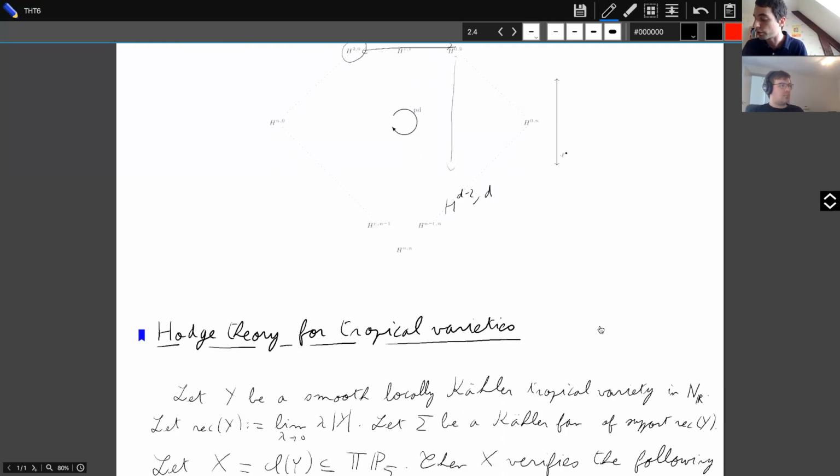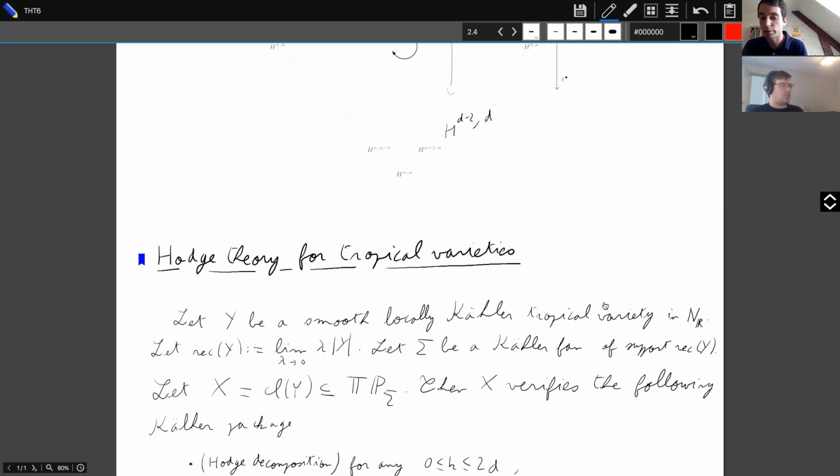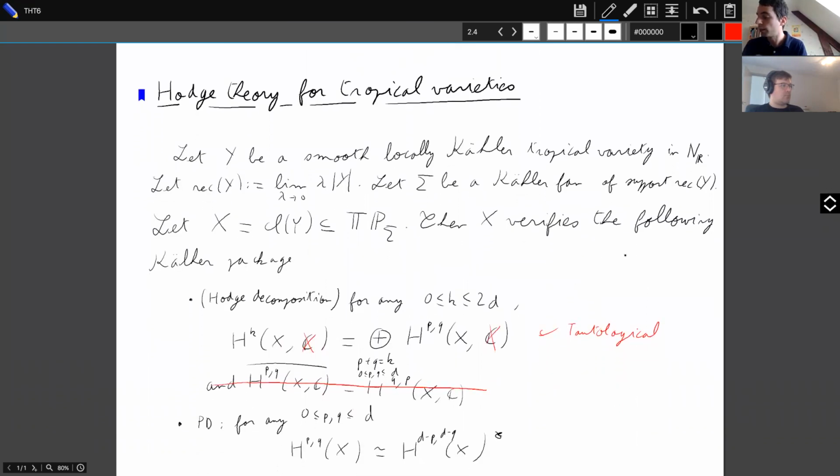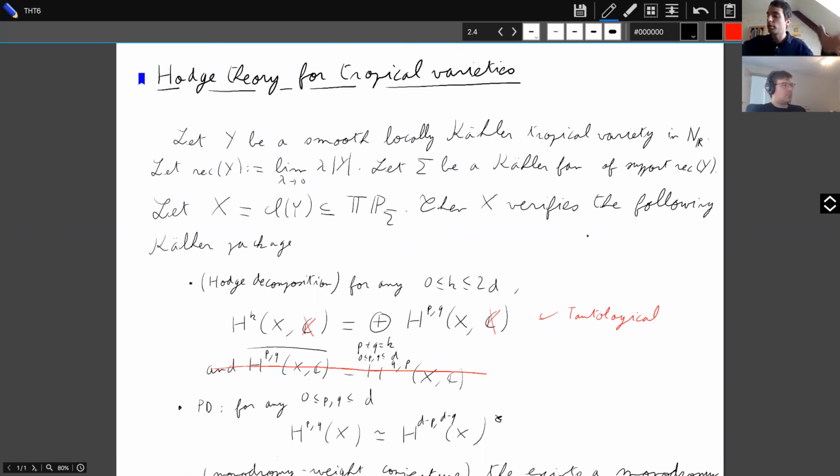And so for general tropical varieties, not only fans, we have a similar result. I don't want to explain the details, but you take a tropical variety inside R^n, and you ask it to be locally Kähler.